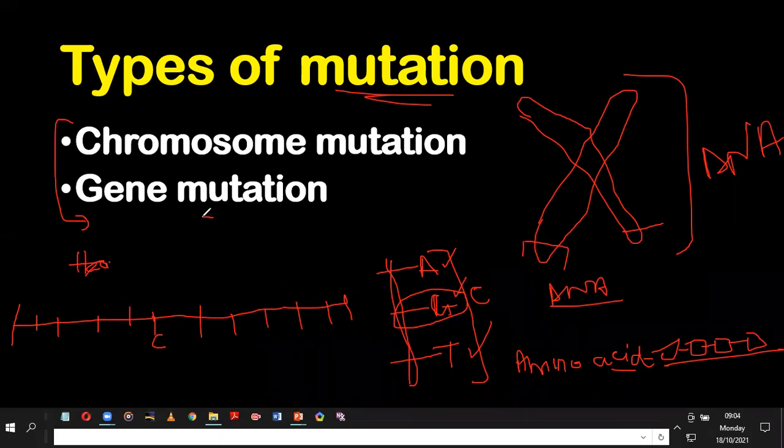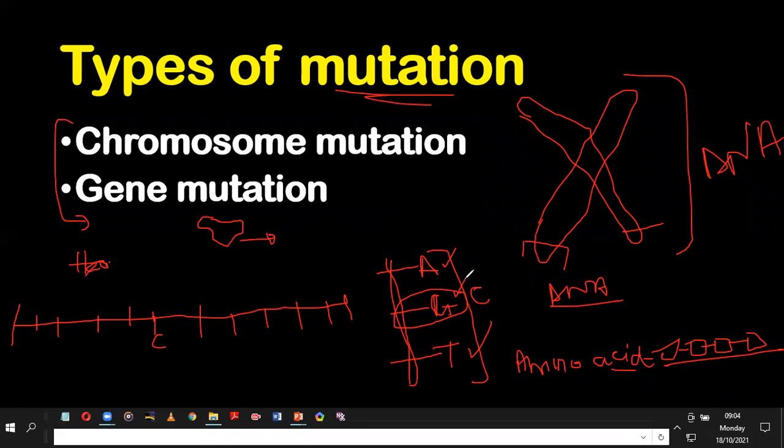This protein, which was normal hemoglobin, is going to change into some other protein. And this change is manifested as a mutation. If it is sickle cell anemia, then somebody cannot survive. Can you imagine? So that's how mutation is.